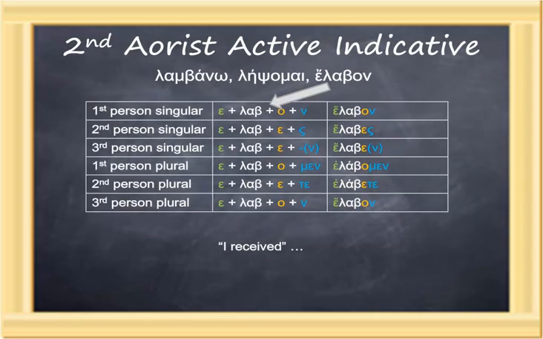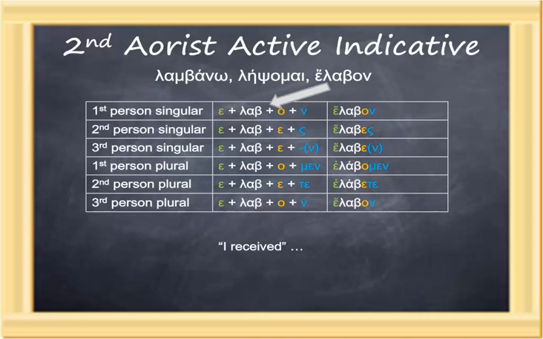Take the verb lambano. Its first three principal parts are lambano, lapsomai, that's the future, and elabon, which is the aorist. The aorist stem is the unaugmented lab. So the formation of the aorist is augment plus aorist stem plus connecting vowel plus ending.